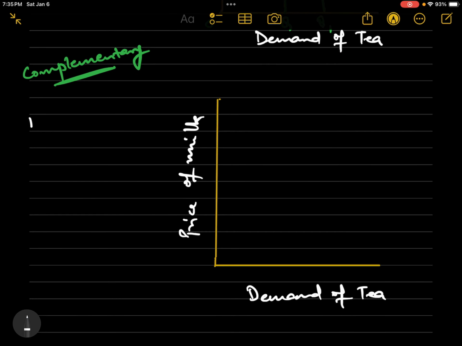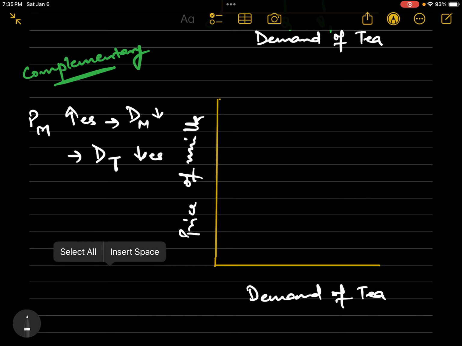If the price of milk goes up, it means demand for milk will go down, but it will also lead to demand for tea going down. So demand for tea also decreases due to the price of milk going up.